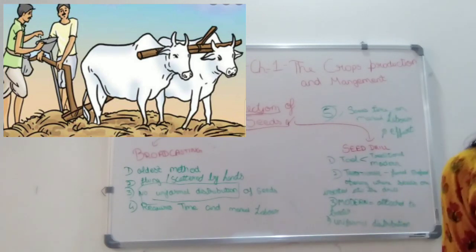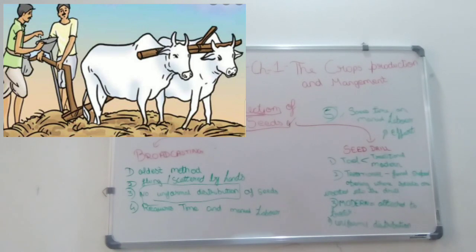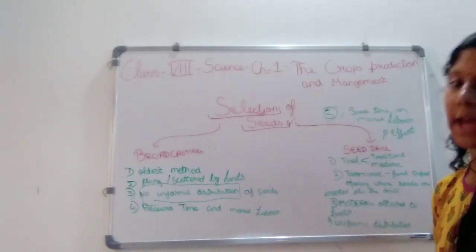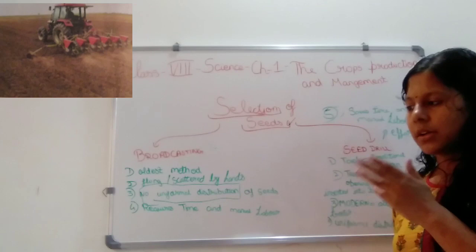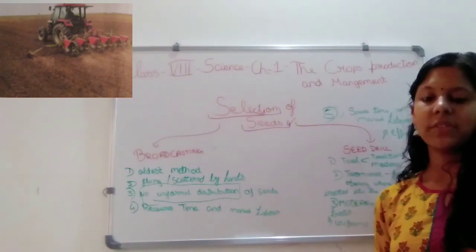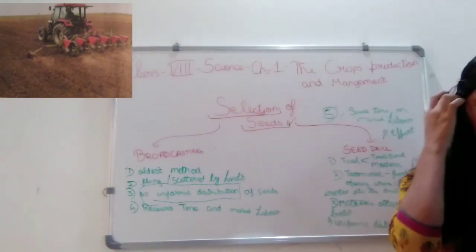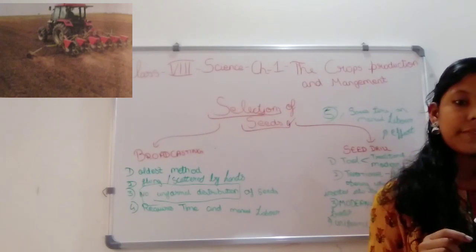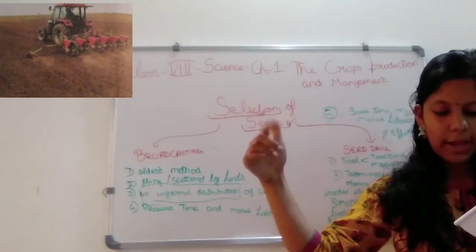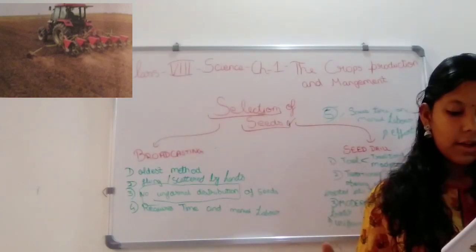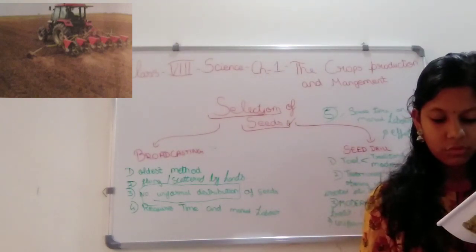Okay, so the next, after traditional, is modern, with a seed drill attached to tractors. As you can see here, at the backside of the tractor, in this picture, we have a red triangular shape like this.